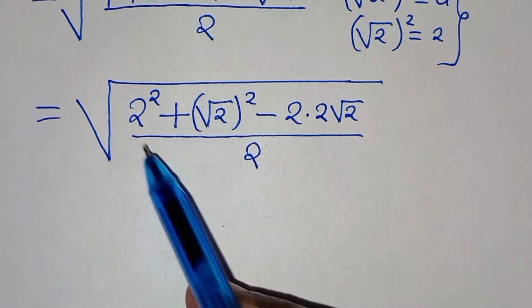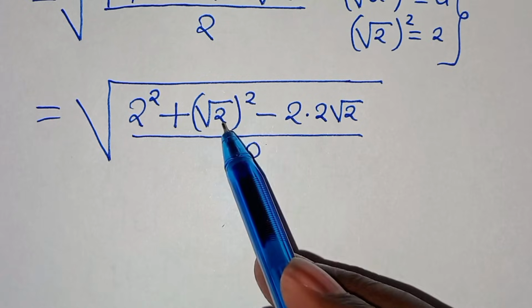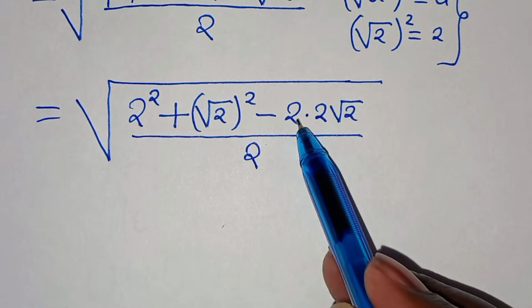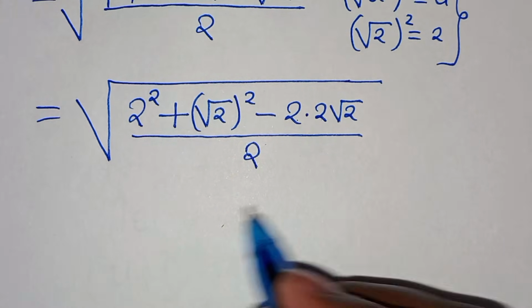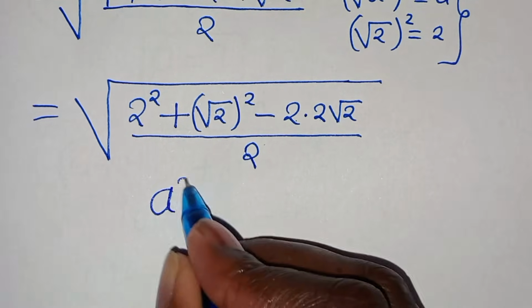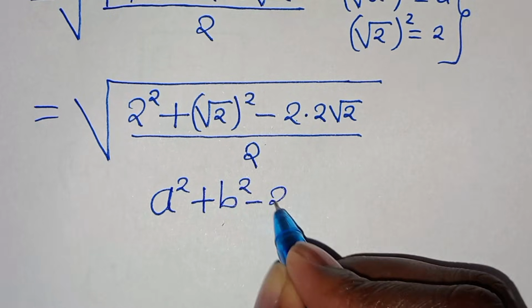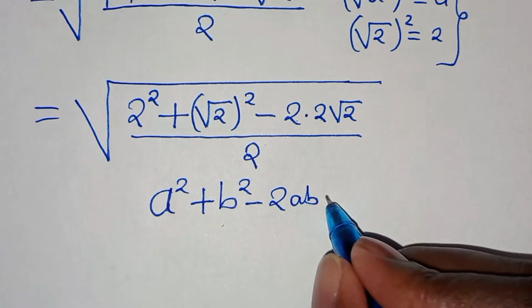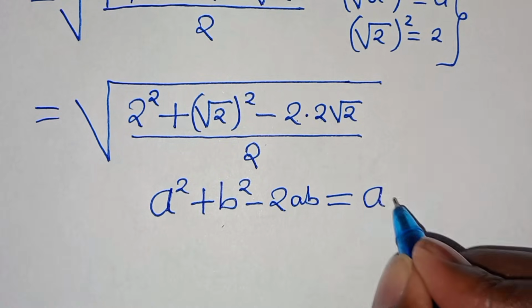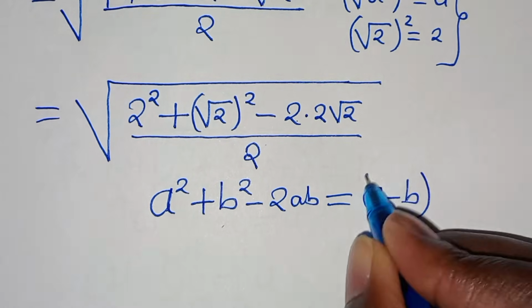The next step is that 2 to the power of 2 plus the square root of 2 to the power of 2 minus 2 times the square root of 2 is in the form of a squared plus b squared subtract 2 times ab, which you can express as a minus b raised to the power of 2.